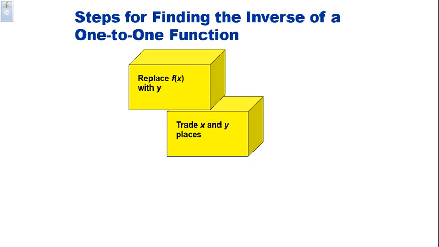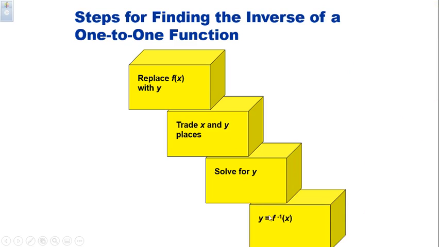That means your y values become x and your x values become y. Then you now have the inverse of the original function, but it may not look like a function. So what you do is you solve for the new y. Once you've changed x and y, then you solve for the new y, and that new y is the output for your inverse function.